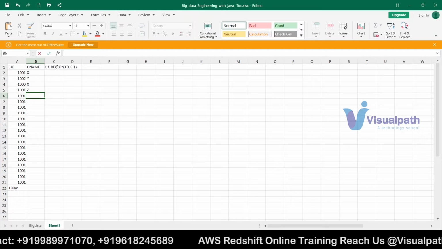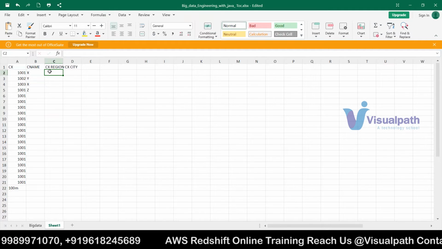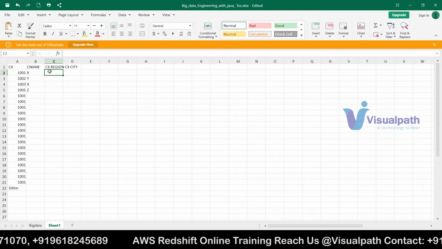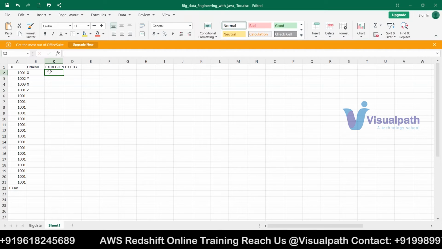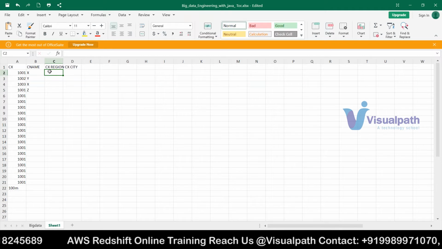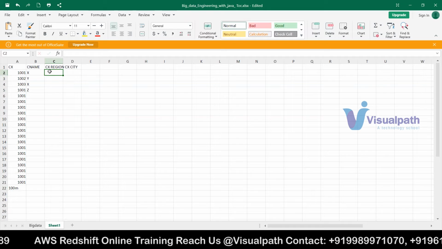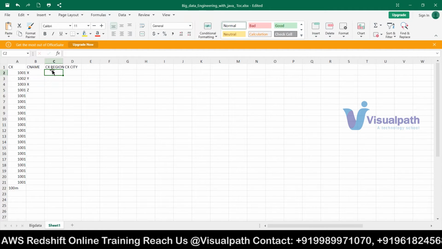So some names will be there, and you see region. Across all 100 million records, regions are hardly 5 or 6. Regions like APAC, Asia Pacific, and some US related region. For example, there are only some 3 to 5 regions.